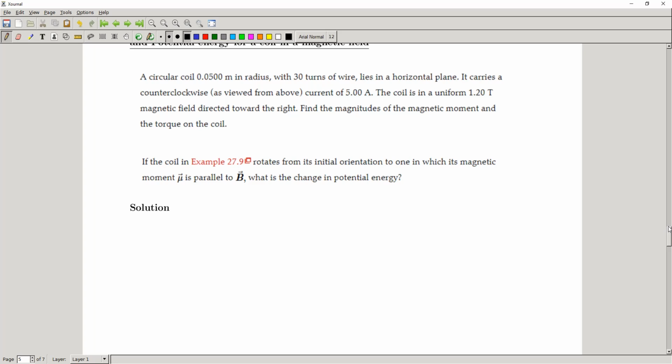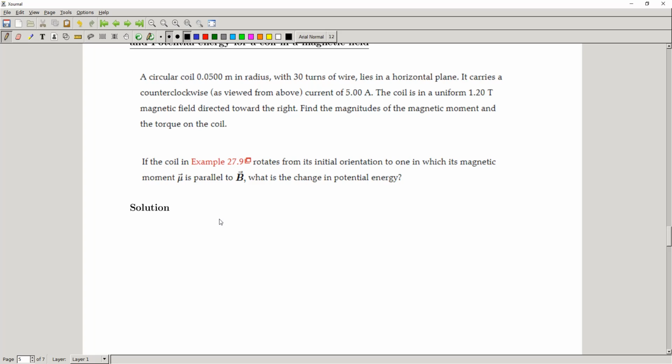Okay, so you can imagine it's laying in a horizontal plane, flat on the ground. I'm going to draw this in a second. And the coil is in a uniform 1.2 Tesla magnetic field directed toward the right. Okay, so we'll imagine that it's lying down flat. Maybe I'll just draw it right away.